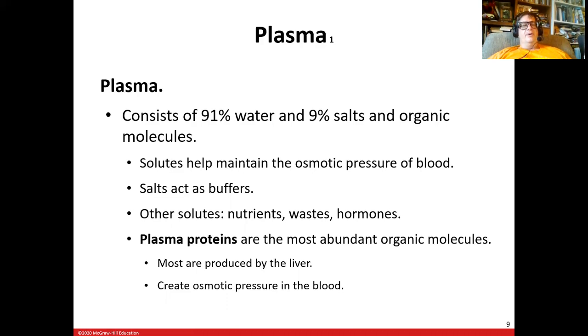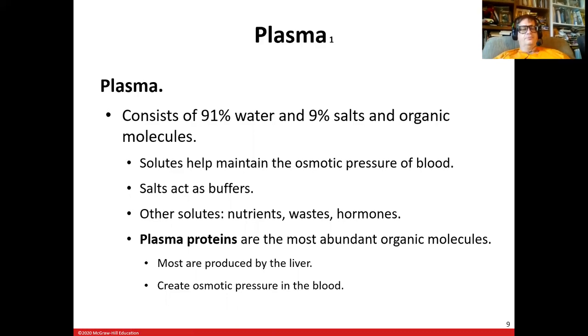Fancy way of saying it, but the short answer is a lot of the proteins that are dissolved in blood are too big to actually leave the capillary. And what that means is that the osmolarity, the concentration of the blood, gets thicker, stronger, gets more concentrated as you go through a capillary. So at the far end of the capillary, you are going to have more concentrated blood plasma, and that will draw water back in from the interstitial fluid.